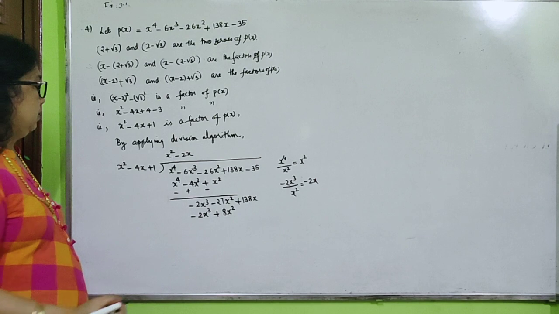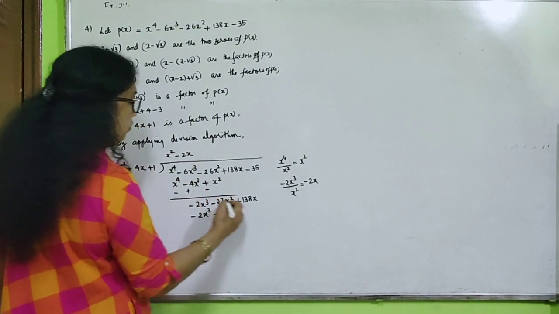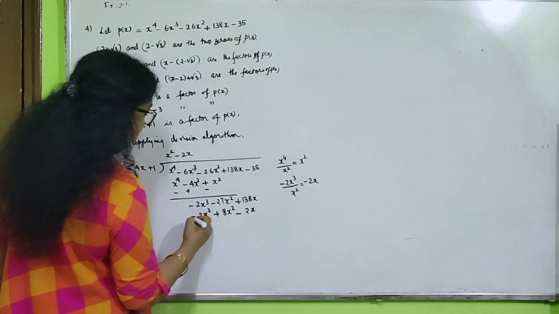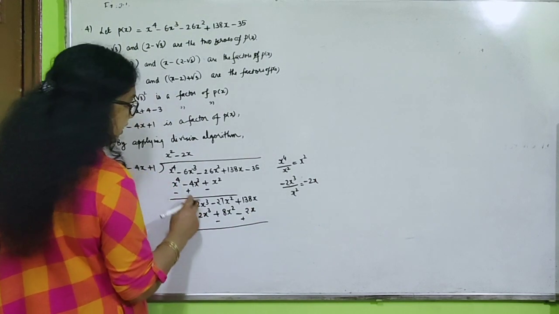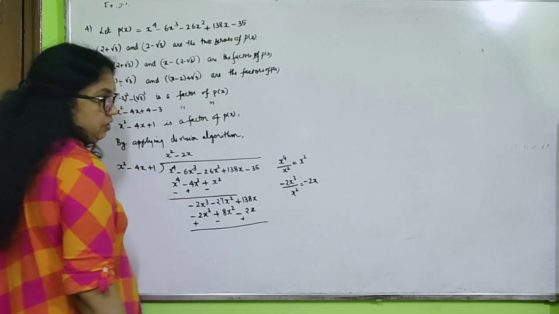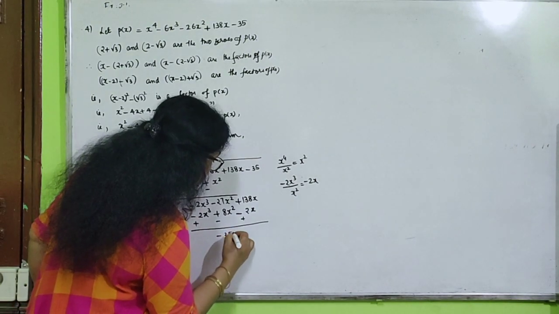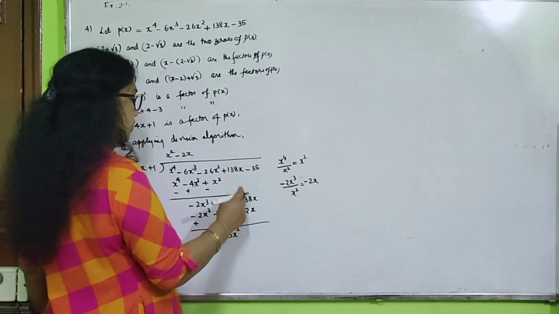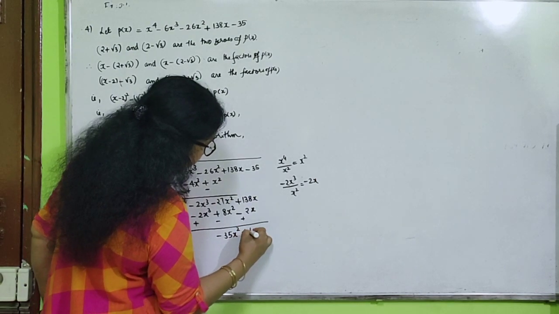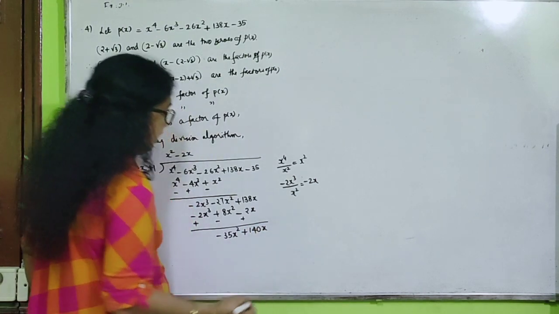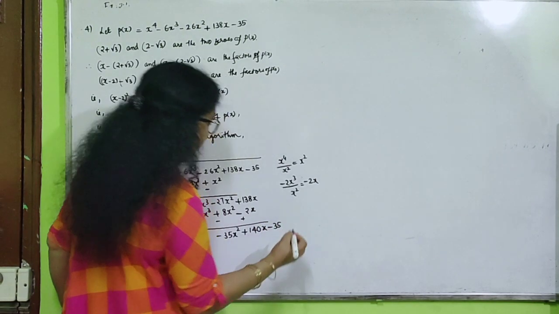Minus 2x into 1 is minus 2x. Now opposite signs: plus, minus, plus. This term cancels. Here, same sign, addition: 27 plus 8 is 35, so minus 35x square. Then 138 plus 2 is 140x. Now minus 35 remaining.